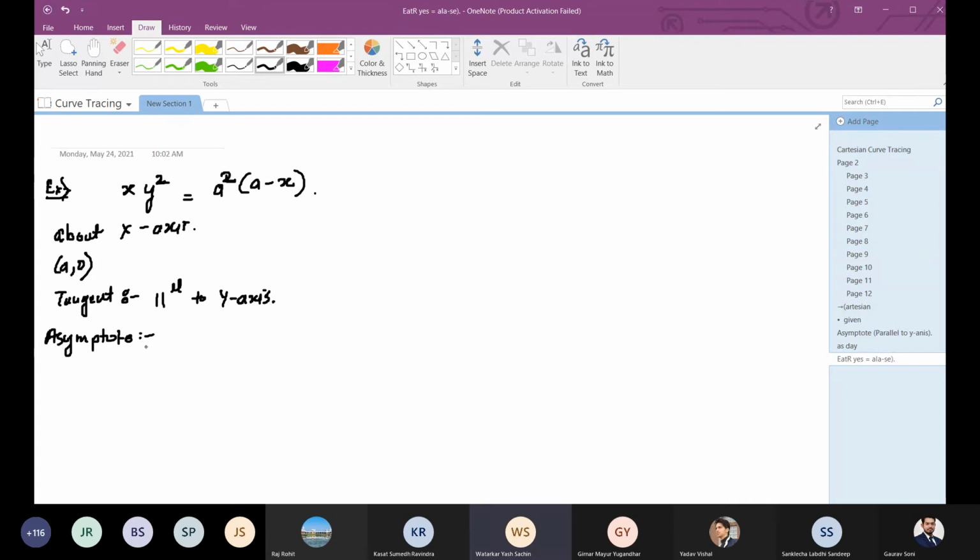Asymptote: parallel to the y-axis. And what is the equation? x is equal to 0. Yes, x equal to 0.